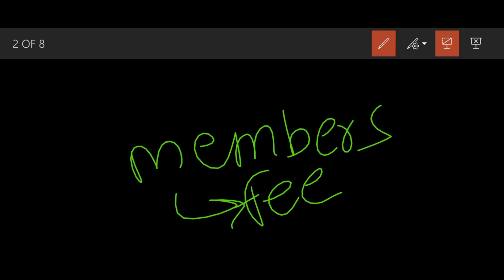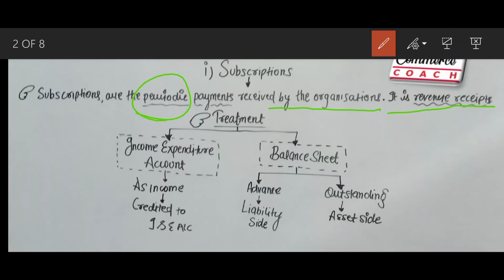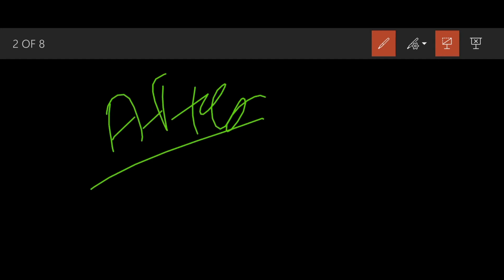So subscriptions are the main income, or rather we must say the main revenue, for the organization. It is the main source of funds for an organization working for not for profit. It is a periodical payment, which means it has to be paid after a specific period of time.